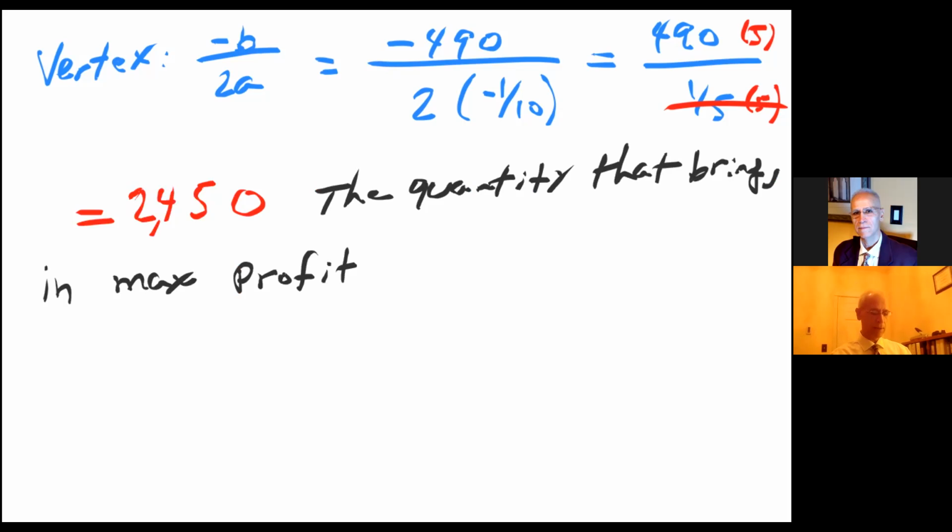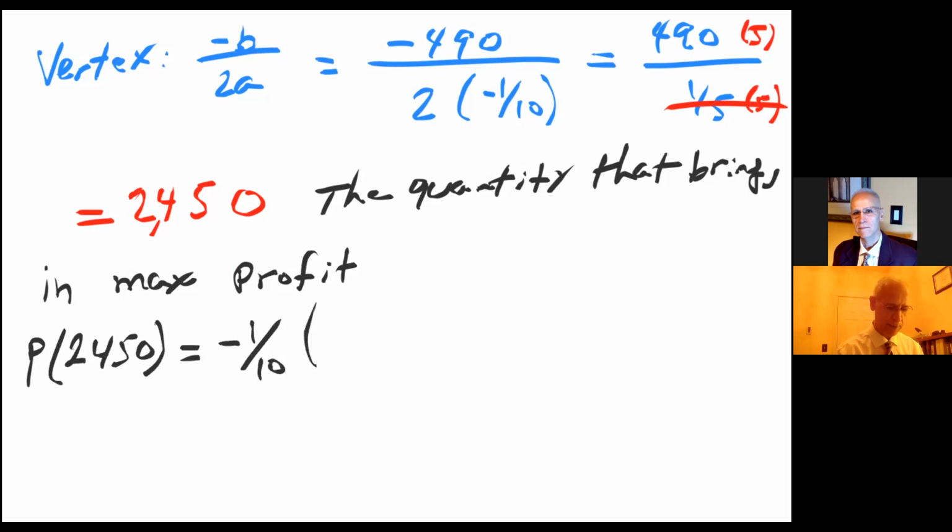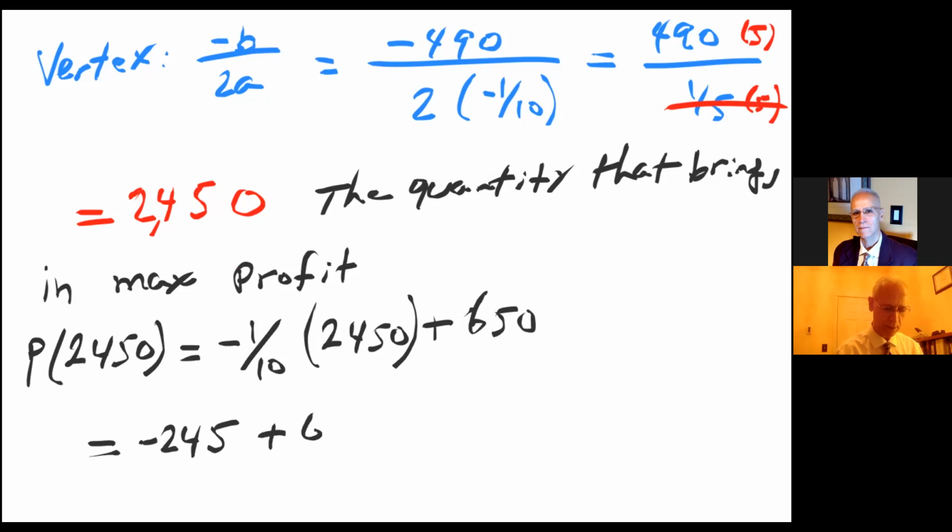Okay, if the question was, what is the rebate? What rebate will cause this? We know that the price of 2,450 equals negative 1 over 10 times 2,450 plus 650. That takes care of 1 decimal, so minus 245 plus 650 equals 405.